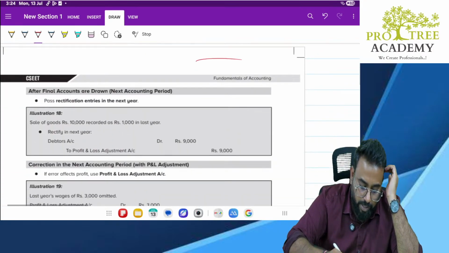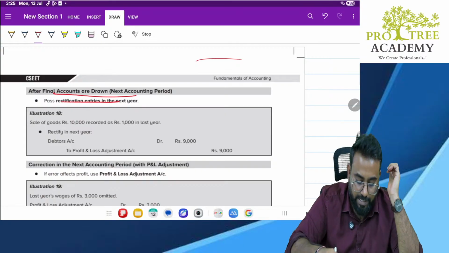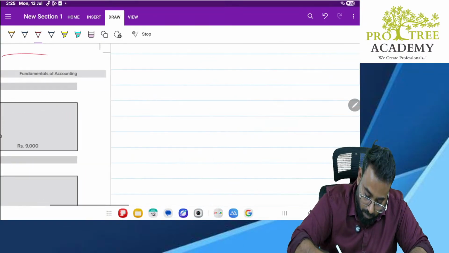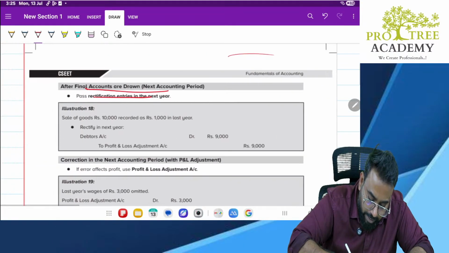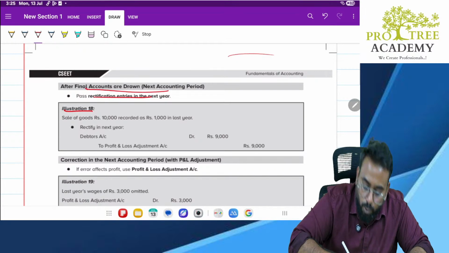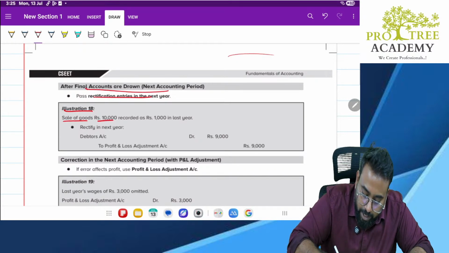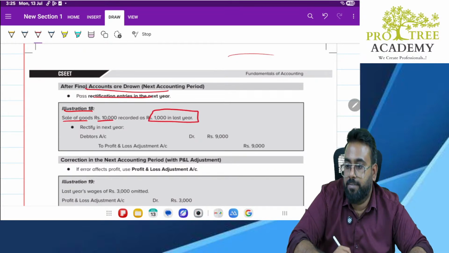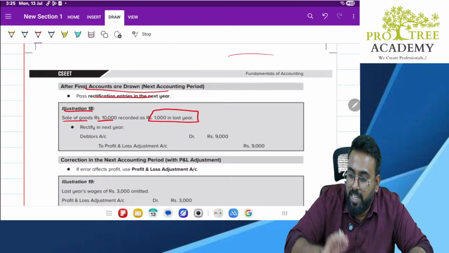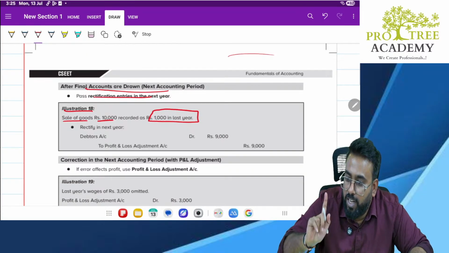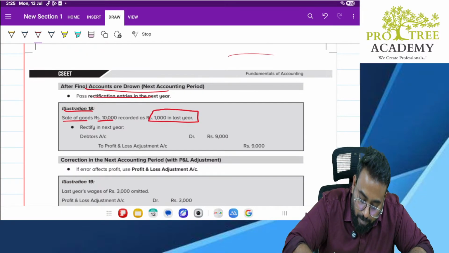Yeah. So next, we have already discussed this. I'll just give you an example. See here, your first illustration only we will take. Sale of goods, rupees 10,000, recorded as 1,000 in the last year. How much was the sales? 10,000. But how much was recorded? Only 1,000. So last year, what should have been the entry?